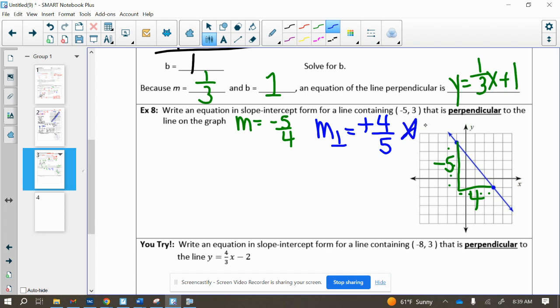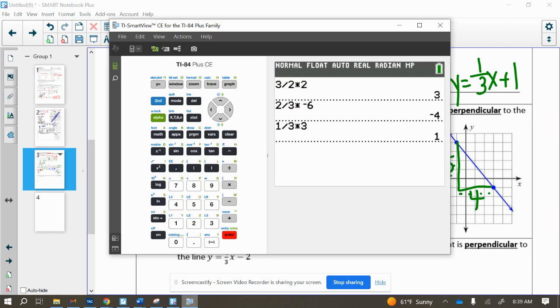So this, again, is the slope that we are going to want to plug in to y equals mx plus b. To get b, we're going to plug in our x and our y values. Y is 3, x is -5. So 3 is going to equal 4/5 times -5, which is just -4.